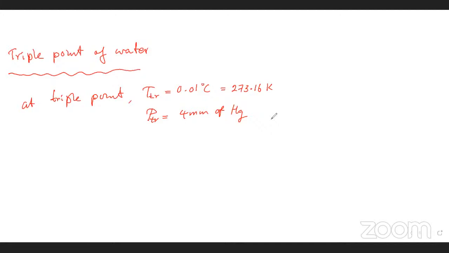By using this triple point, this absolute scaling, the pressure and the temperature, we'll discuss this graph later also. And when you reduce the temperature in Kelvin, then you get a graph like this. It's a straight line.